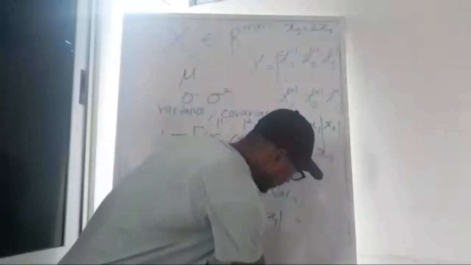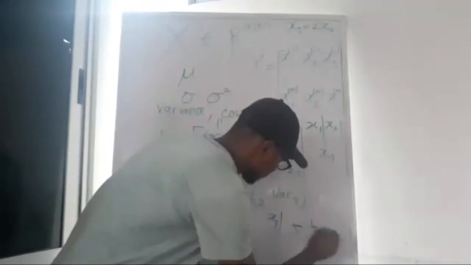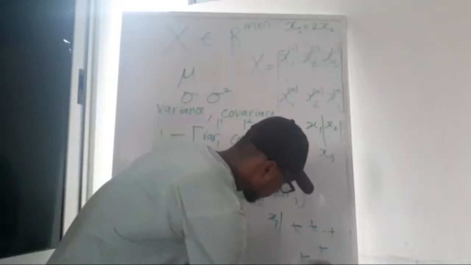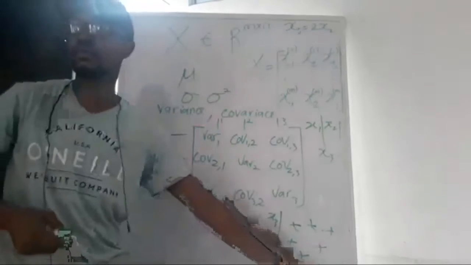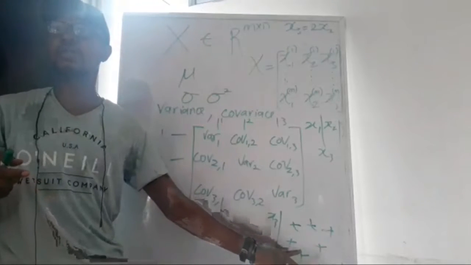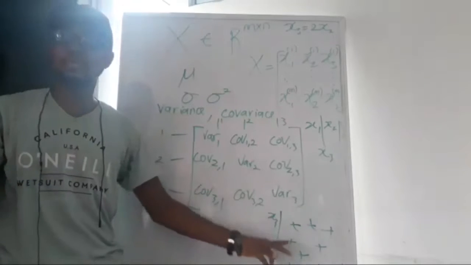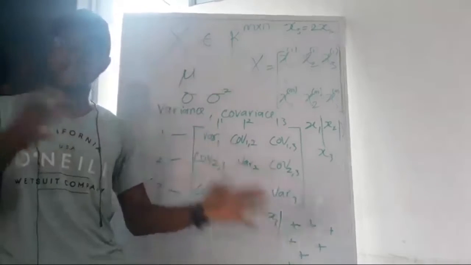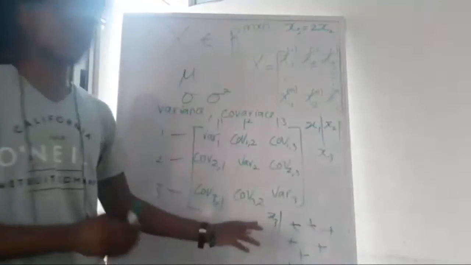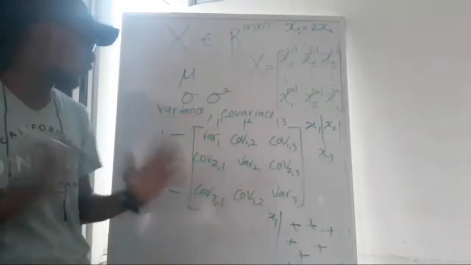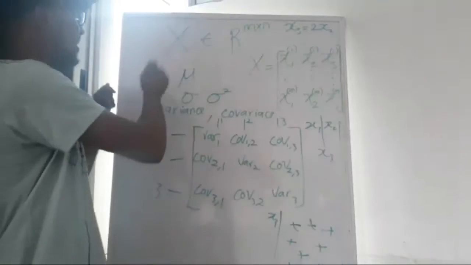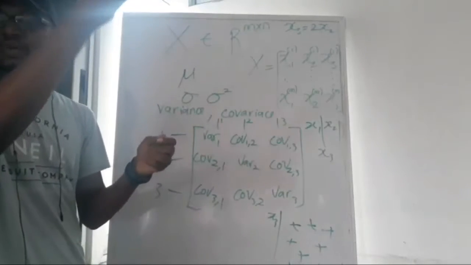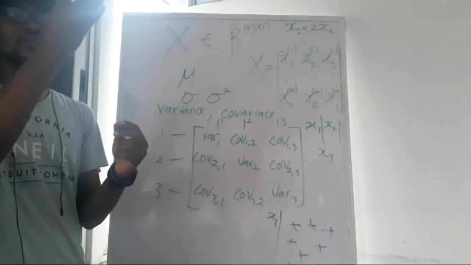Then if you have this, what can you say about the correlation of these two? It's scattered, so they are not related at all. So the correlation is going to be 0, and the covariance is going to be 0. Your aim is to have the covariance be 0. Like in the example I gave earlier, I had x1, x2, x3, and x2 was dependent on x3.